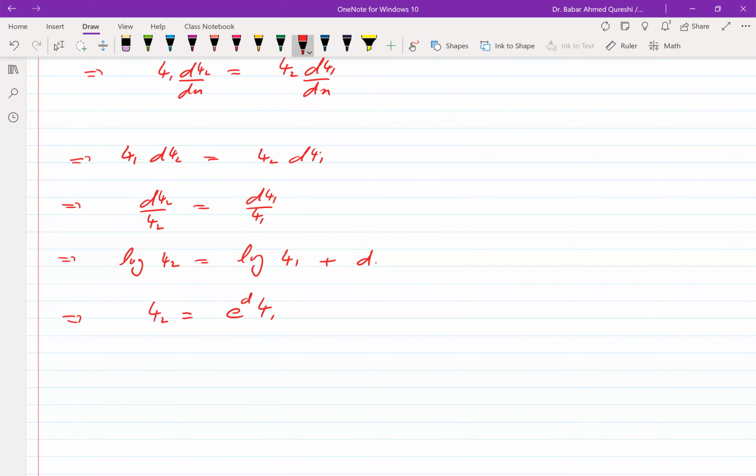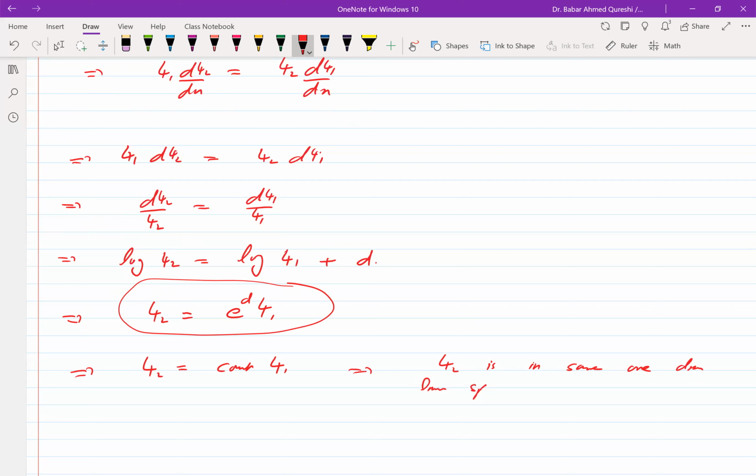So what does this mean? This implies that psi 2 is a constant times psi 1. That means psi 2 is in the same one-dimensional linear space as psi 1.